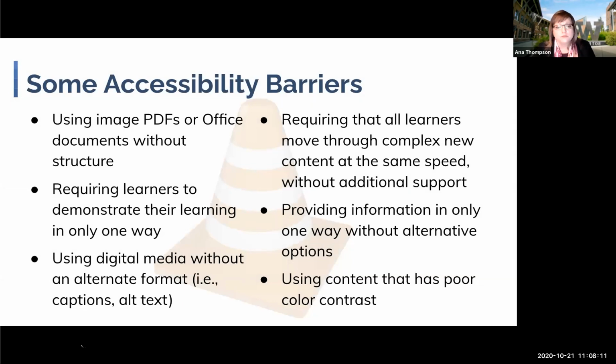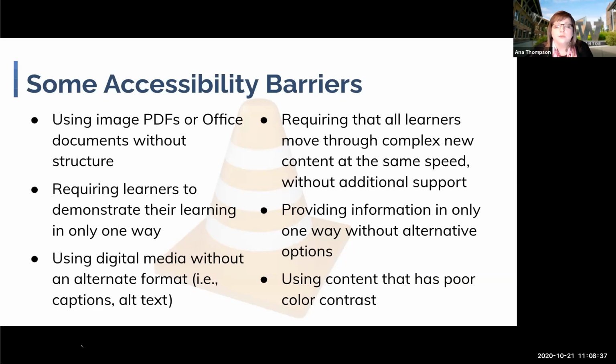So for example, some barriers that we can probably see every day: using image PDFs or even Office documents without any sort of structure in them, requiring learners to only demonstrate what they know in one way, using digital media without an alternate format, videos without captions, images without alt text.